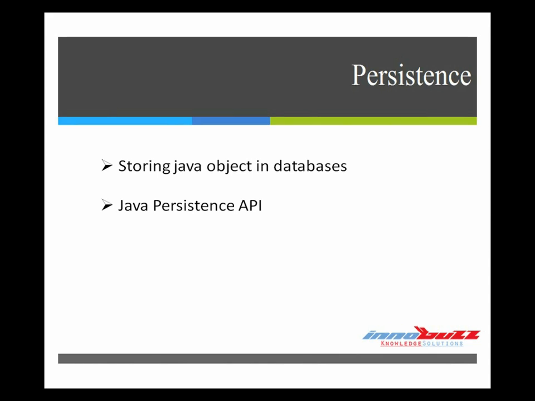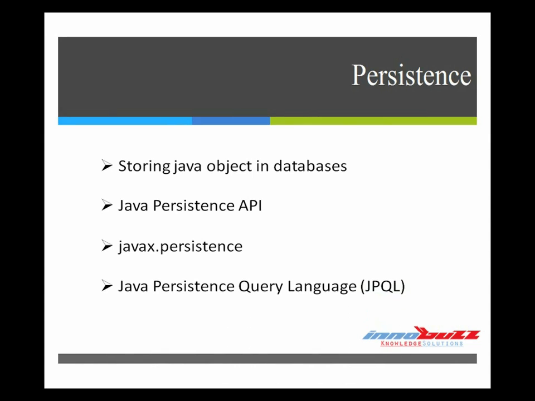The API can be found in the javax.persistence package. There is a query language built for database access, the Java Persistence Query Language. By using this language, we can make queries to our relational database. These queries are similar to SQL queries.